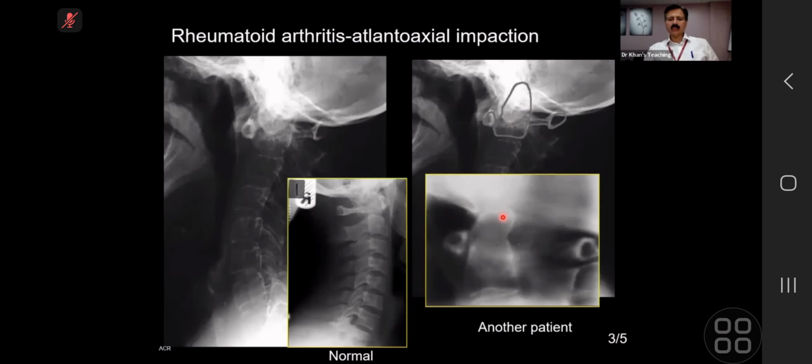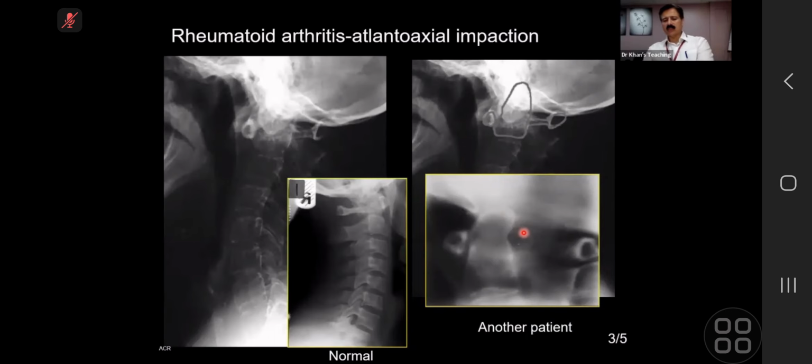This is why anesthetists are also very careful. They do radiology before any intubation. You can well imagine that it can also cause the sudden death of a patient.